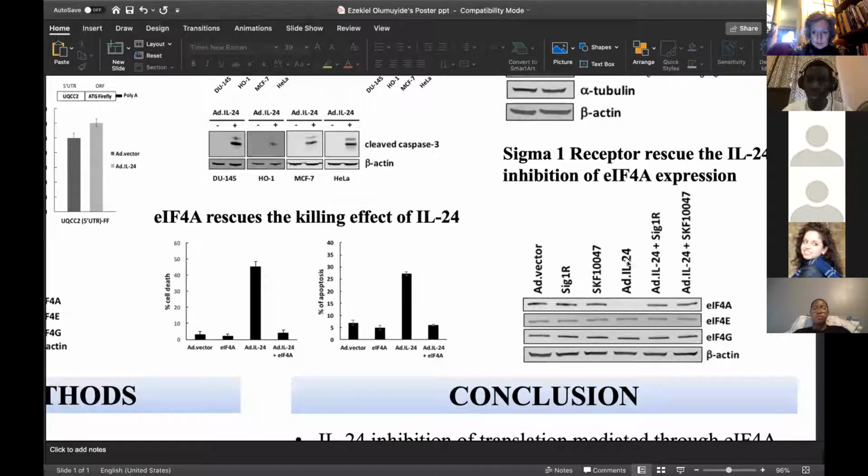And we saw that when we treat the cells with the sigma-1 receptor agonist, there's no difference. I also showed that sigma-1 is actually very important for interleukin-24 inhibition of EI4A.